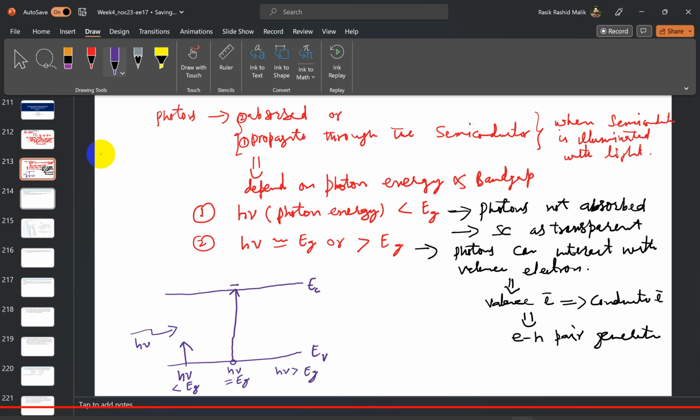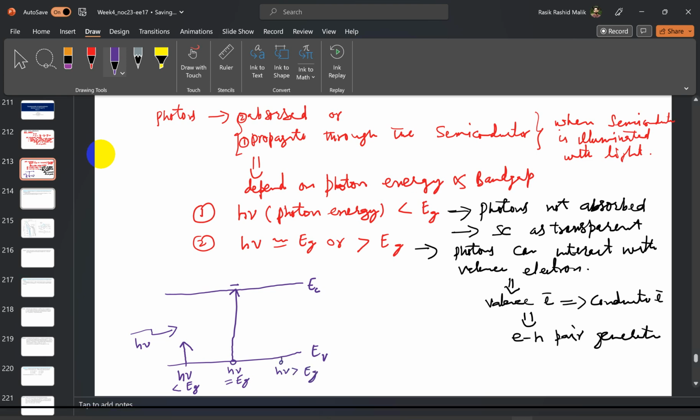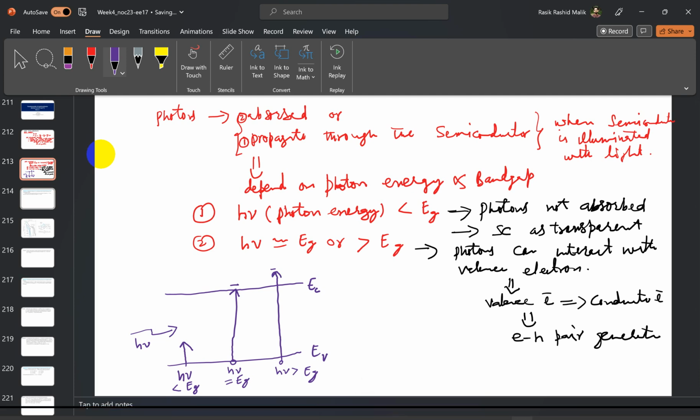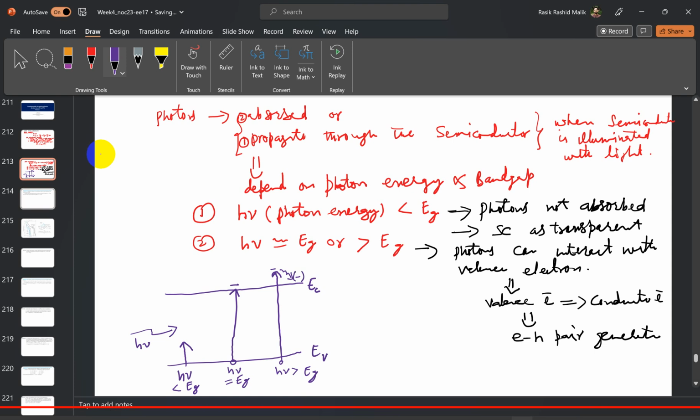In that case, the valence electron may go into the conduction band, and there will be excess energy. This excess energy can be given to the electron or the hole as additional kinetic energy, which will then be dissipated as heat. Similarly for the hole, the additional kinetic energy may be dissipated as heat.